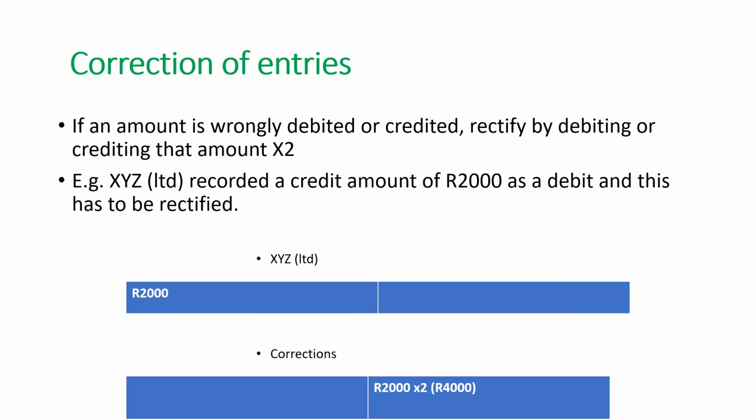So after cancelling the transaction, we must record the amount in its original spot, or in its credit side, as per example here. So it means it will be 2000 of cancelling this entry plus 2000 of recording the transaction correctly, which makes it 4000. I hope this is clear.